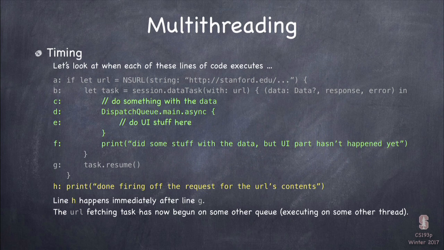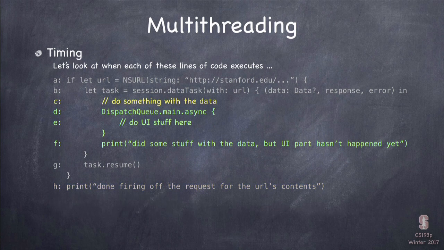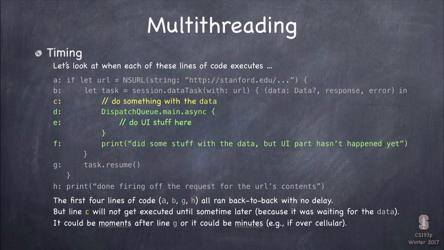The next line of code that's going to happen after this one is this one. After the URL contents come back, now this closure is going to execute, and so line C gets executed. So A, B, G, and H executed boom, boom, boom, boom, right after each other, no delay. Then there was a delay while we went and got the URL contents. That could be a long delay.